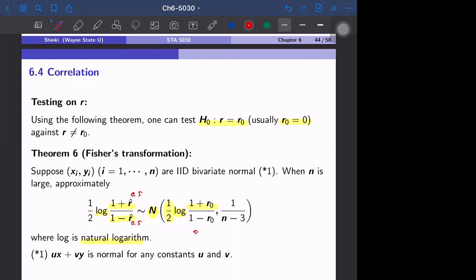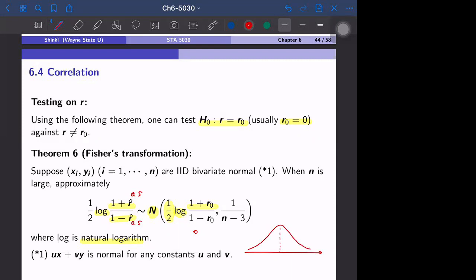When the sample size is large, of course, the correlation coefficient estimate is more reliable. So when n is large, this variance is smaller, since it is 1 over n minus 3. Using this, you can do the test. If this test statistic falls in the extreme range, then we reject the null hypothesis.